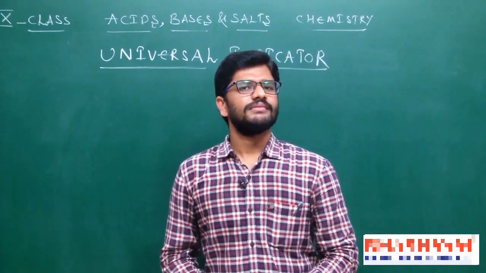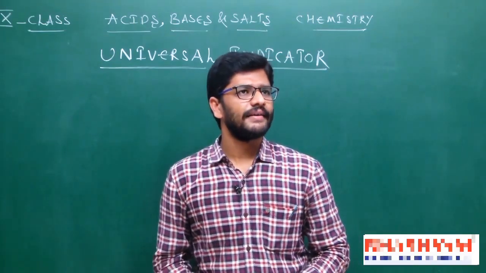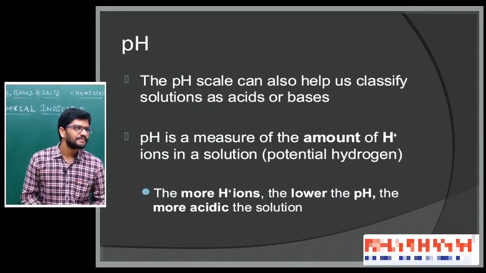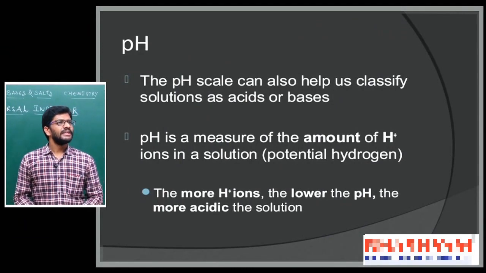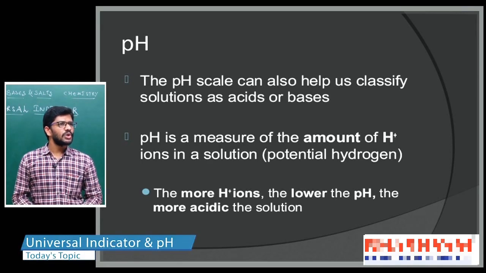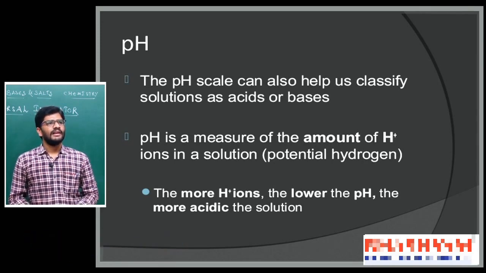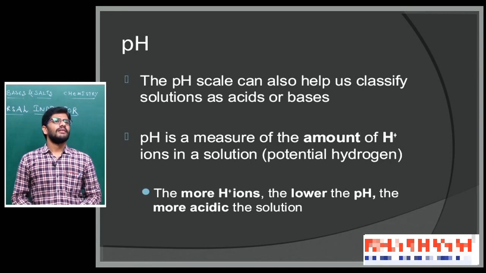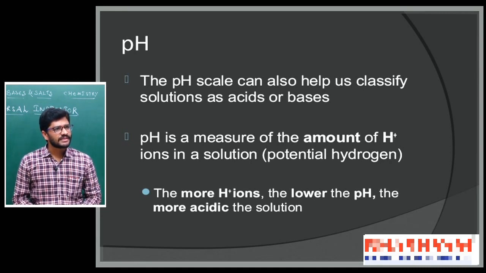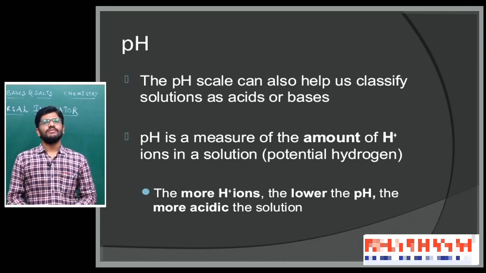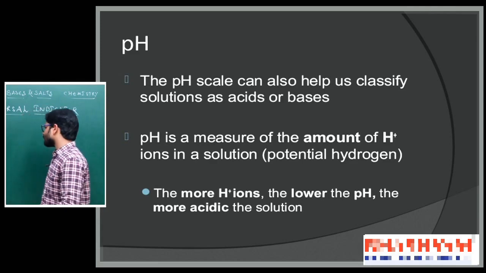The pH scale can also help us classify solutions as acids or bases. pH is a measure of the amount of H plus ions in a solution, that is, potential hydrogen.